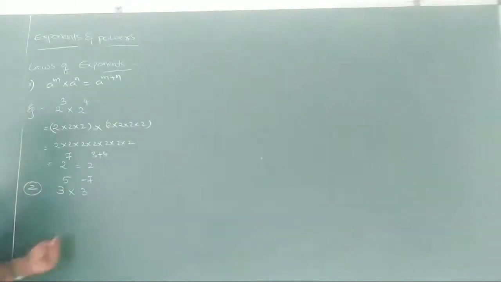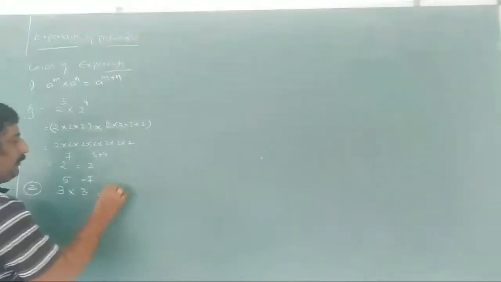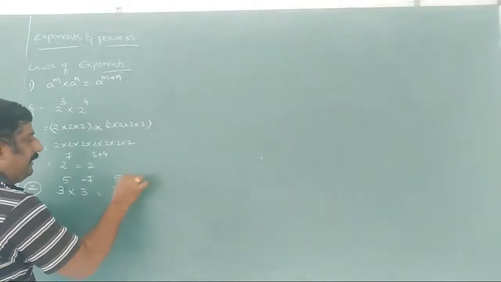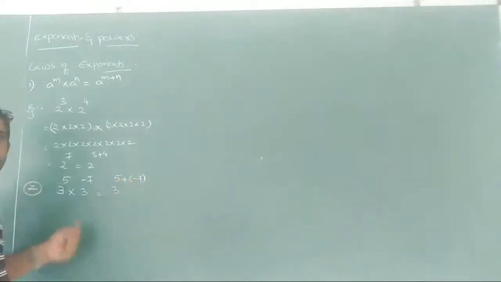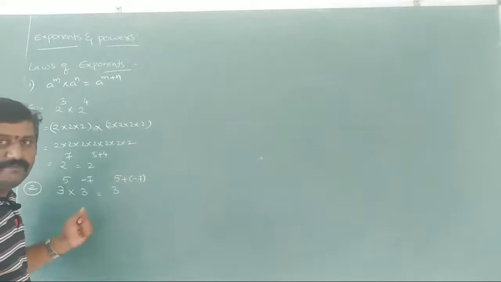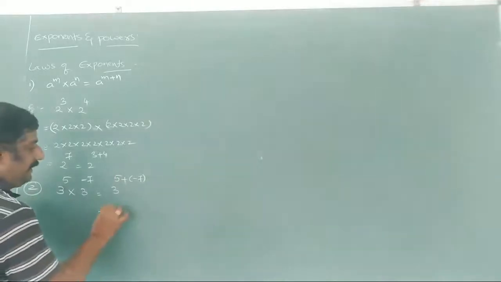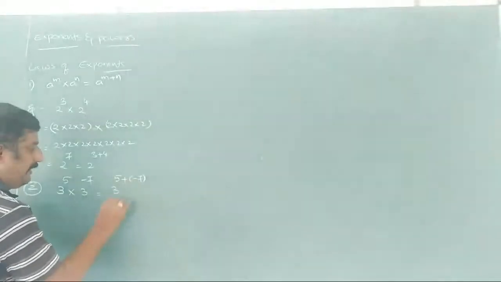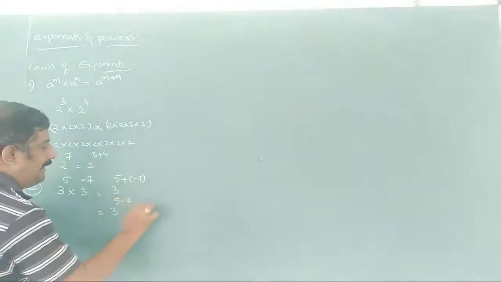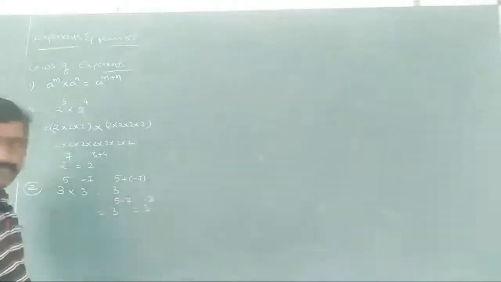Let me take another example directly. 3 to the power of 5 into 3 to the power of minus 7 we are taking now. According to the formula, this is 3 to the power of 5 plus minus 7. Plus into minus is minus, so 5 minus 7 gives 3 to the power of minus 2.